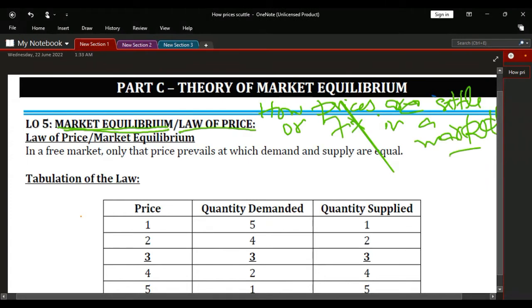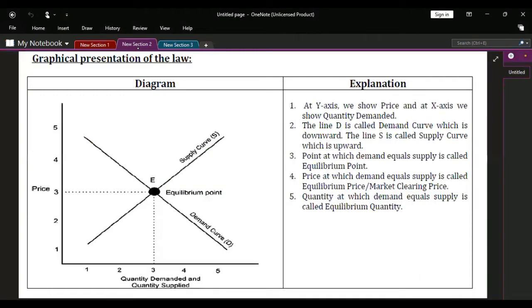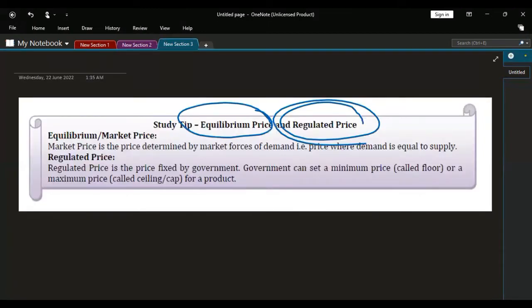Then we will move towards making a table through which we can explain the relationship between price, quantity demanded, and quantity supplied, and try to make a diagram through which we will explain such point or such saturation level where demand is equal to supply and try to make some decisions on this basis. Then we will cover what is equilibrium price and what is a regulated price.